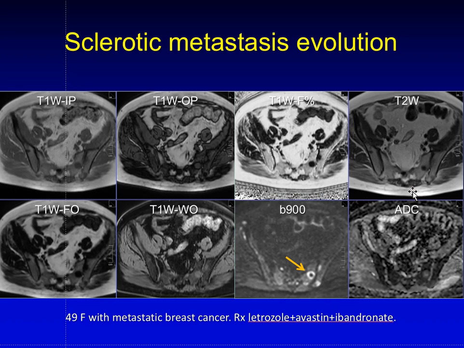And if you look at this sclerotic metastasis in the left side of the sacrum, again we see this ring. So that's the area of osteoclastic activity. That's the area where there is higher cellularity. And in the center of the lesion, that's where you have the small amount of central mineralization.